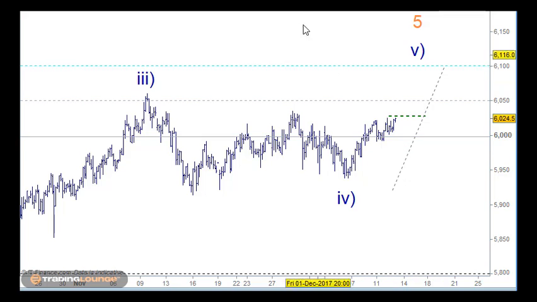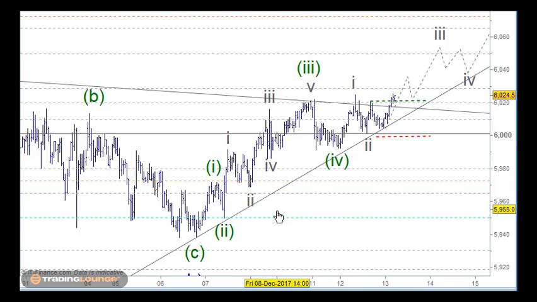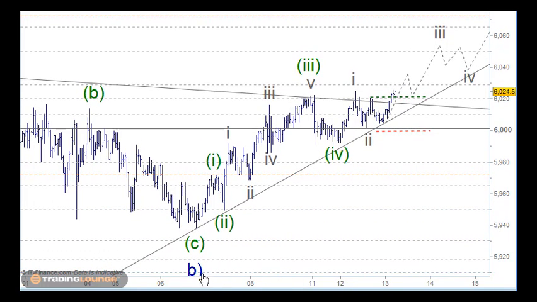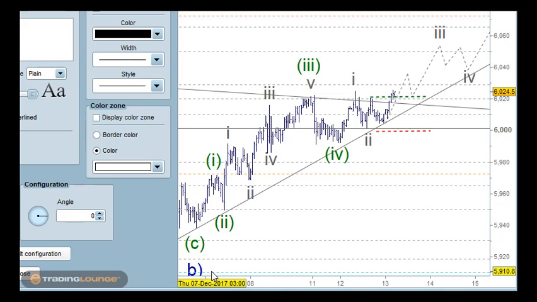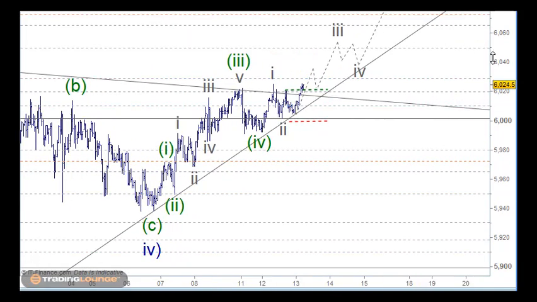So let's just drill into this on the hourly chart and have a look at the count on this here. So from this low here, which we can move this here as a wave B to a wave 4, and looking at this moving higher here now.